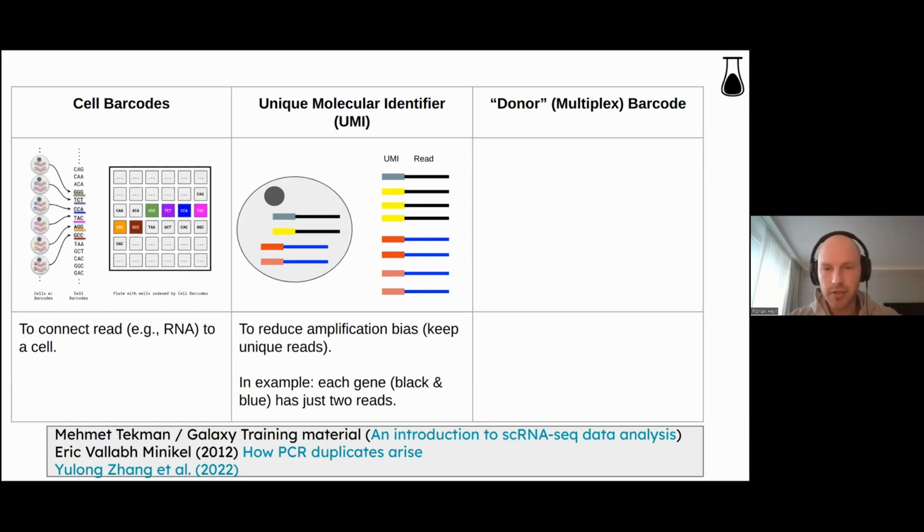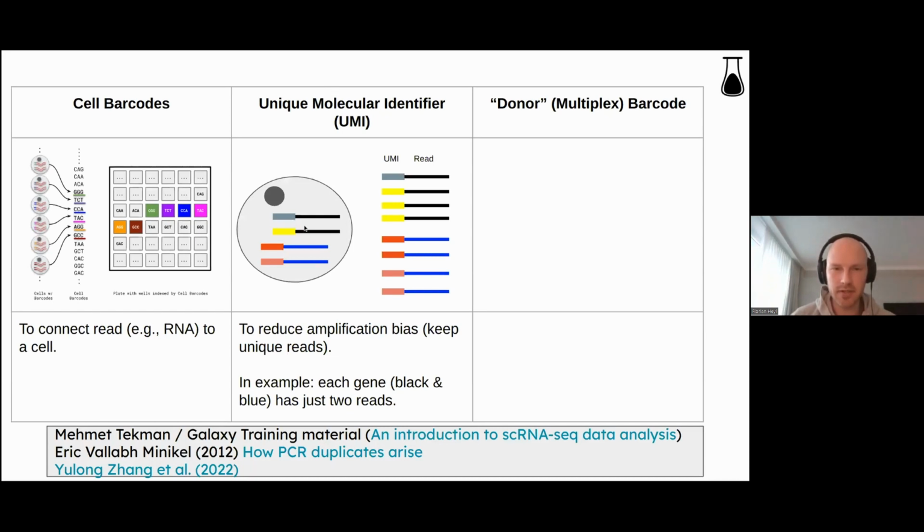And you might know already that UMIs are introduced in order to reduce PCR duplicates. So during PCR amplification, you introduce PCR duplicates. That means that for a transcript, you might during PCR amplification create not only one read, which you can see here in this example.